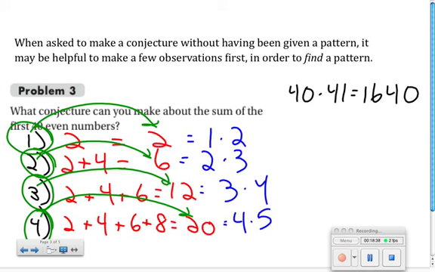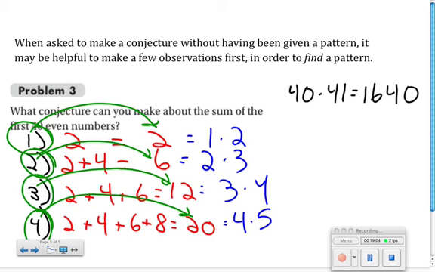Okay. This one is a little bit harder to see than the odd ones. The evens are a little bit more difficult. And please understand, by no means am I expecting you to memorize that in order to find the sum of the first whatever integers, you take the number and you multiply it by the next number. I'm not expecting you to memorize any of that.